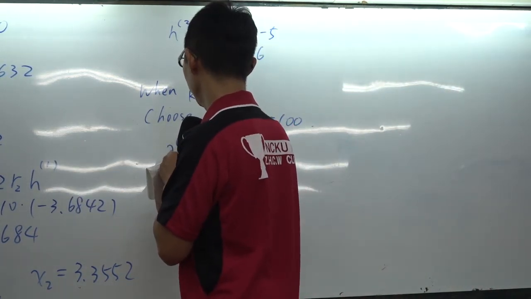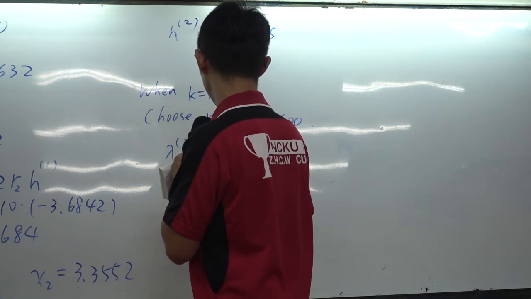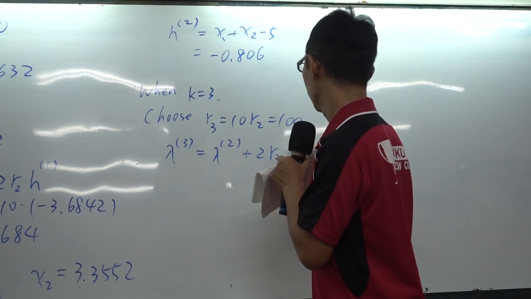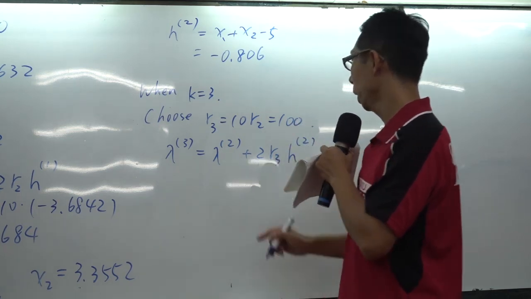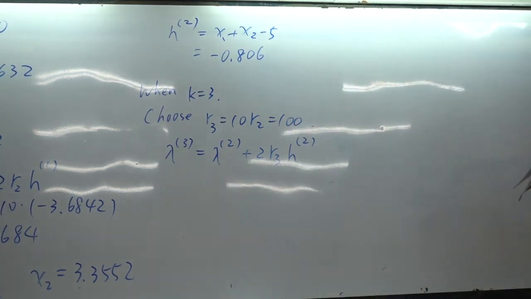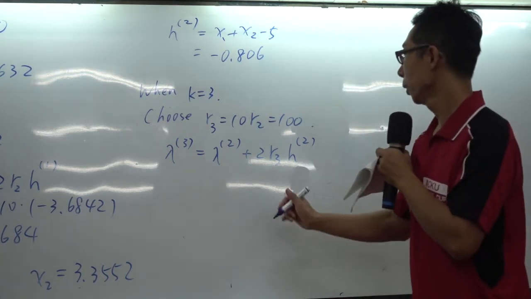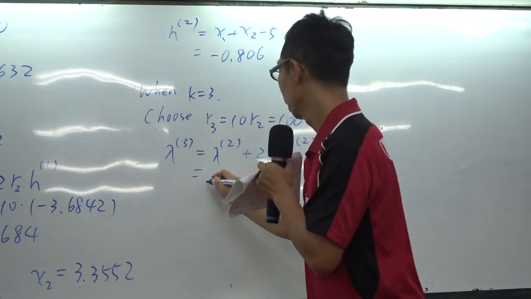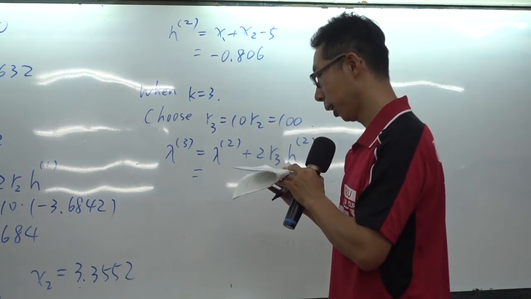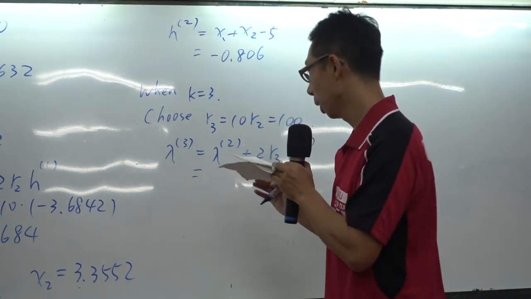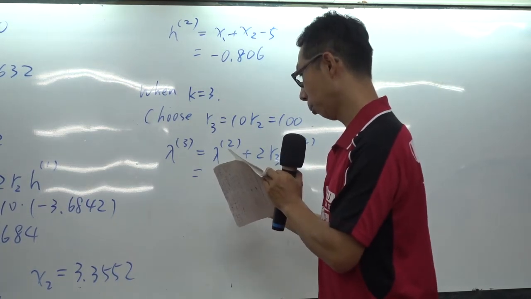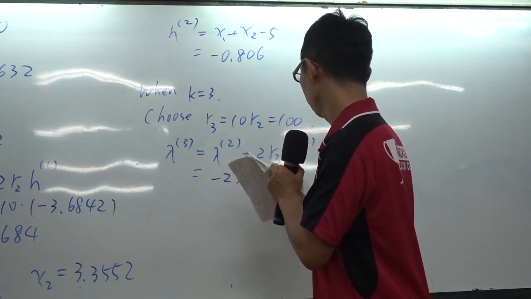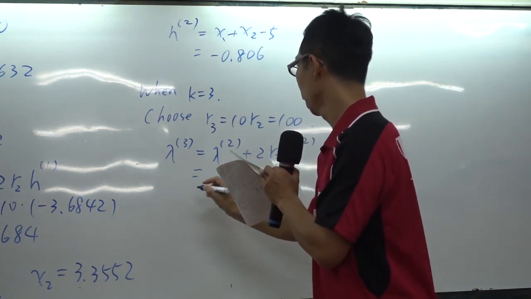So lambda when k equals 3 equals lambda when k equals 2 plus 2 times R3 times h when k equals 2. Okay. In this way we are able to get the numbers. I'll just directly give you the number. My lambda 3 is negative 23.484.